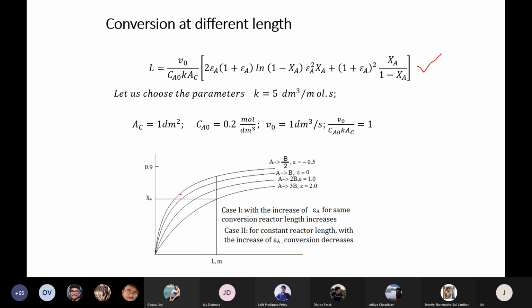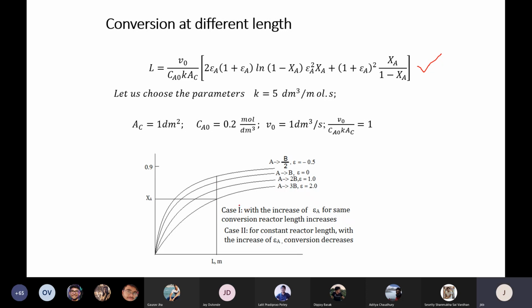Now, case 1, we can study here with increase of epsilon, what is the effect? This equation is plotted with various epsilon, that is epsilon minus 0.5 to 2, minus 0.5, 0, 1, 2. And it is possible with stoichiometry A to B by 2, A to B, A to 2B, A to 3B, various stoichiometry of the equations. And epsilon increases as you go downward.